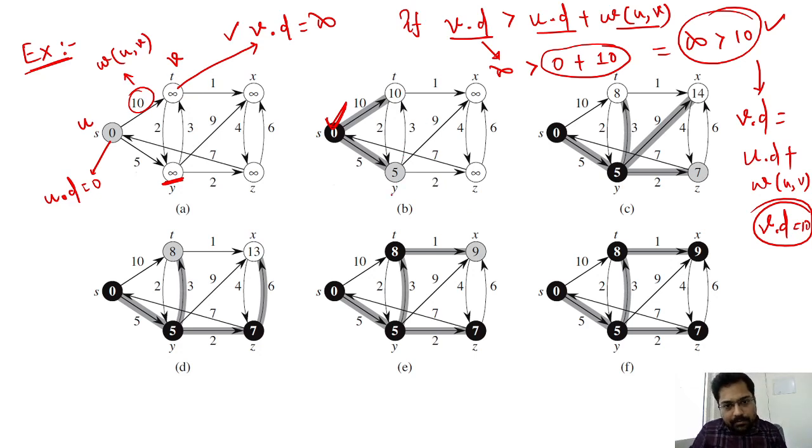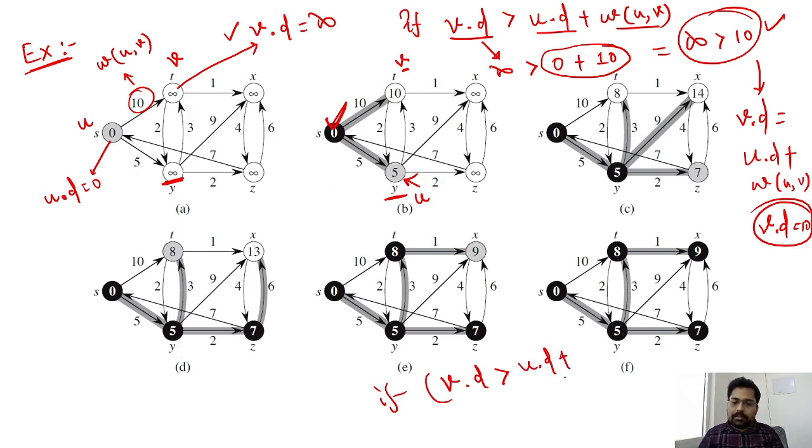Now we are keeping y as our source right now. Clear? Whenever we are saying it is source, what we have to do is u.d, you can check for the time being, let us say it is v now. For this case, clear? I'm just writing here. For this case, I have to check whether v.d is greater than u.d plus w(u, v).